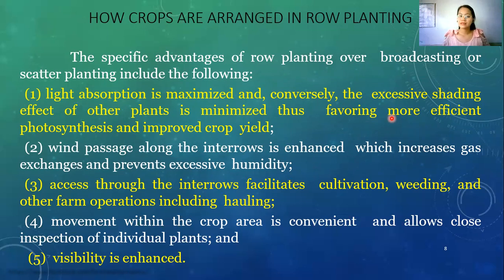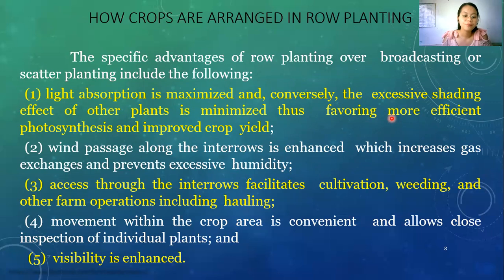Number 2, wind passage along the interrows is enhanced, which increases gas exchange and prevents excessive humidity. Number 3, access through the interrows facilitates cultivation, weeding, and other farm operations, including hoeing. If you just scatter your seeds and allow them to grow everywhere, when it's time to weed, to pluck off the weeds that should not grow together with your plants, or time for cultivation, it will be harder because there will not be enough space.